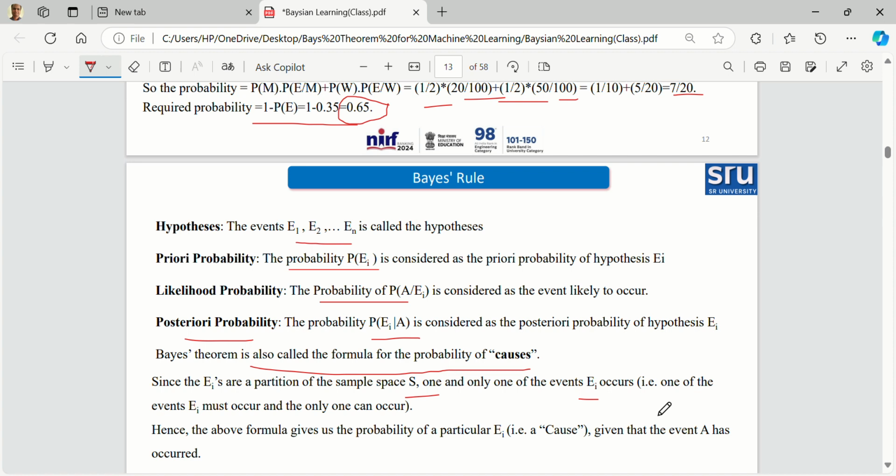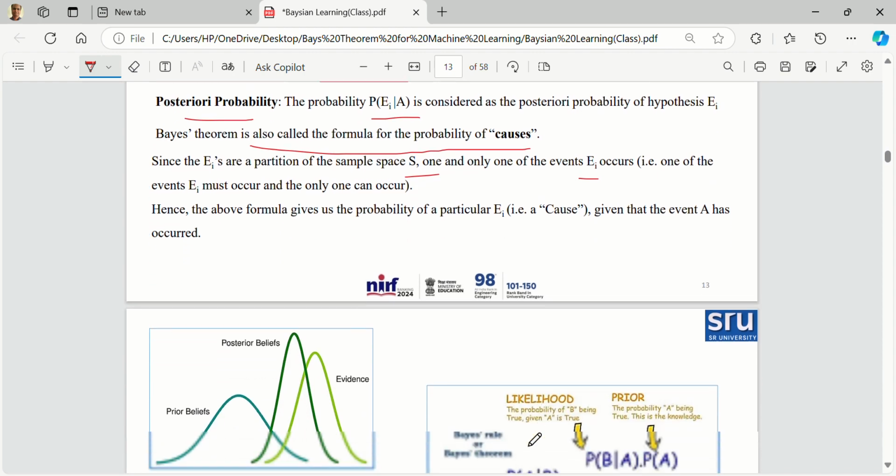That is, one of the events must occur and only one can occur. Hence the above formula gives us the probability of a particular EI, that is the cause, given that the event A has occurred. Already we know the concept.